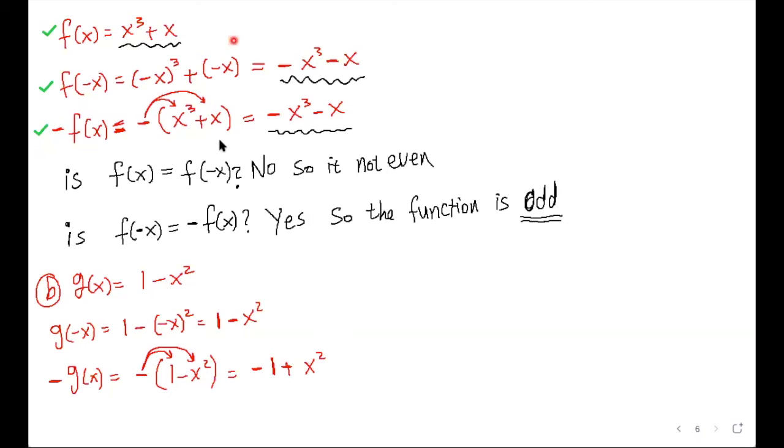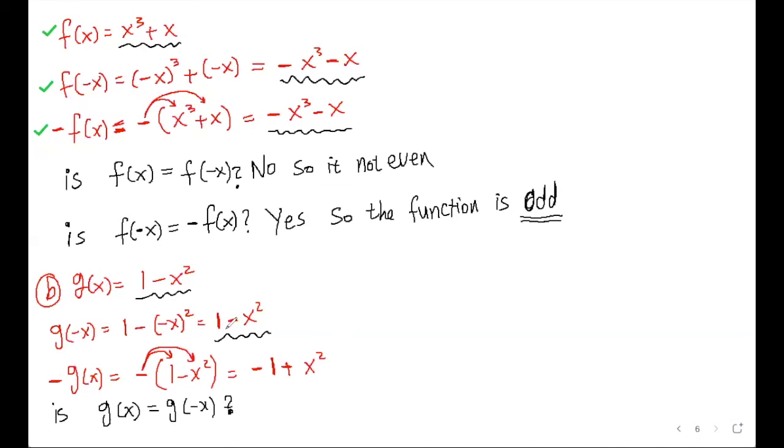Now we have to check which of these three are equal. g of x, 1 minus x squared, is equal to this one. So my question now is: is g of x equal to g of minus x? Look at g of x, 1 minus x squared, and g of minus x is 1 minus x squared.